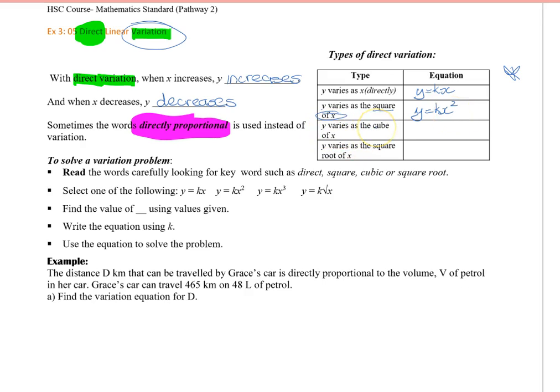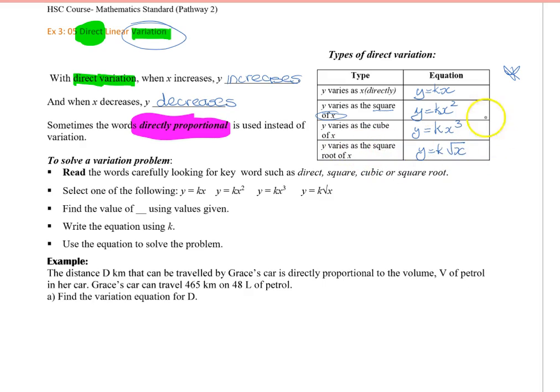y varies as the cube of x, and you could probably see that you'll have y equals k, because we don't know by how much it varies, but we do know we need to cube x. And y equals k times the square root of x.